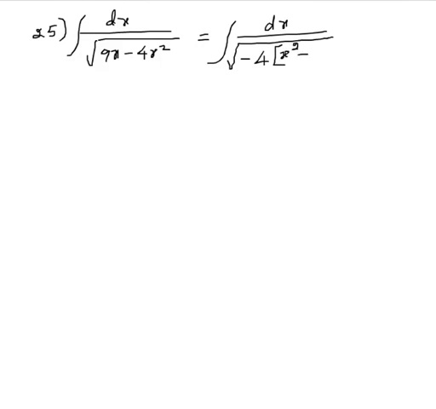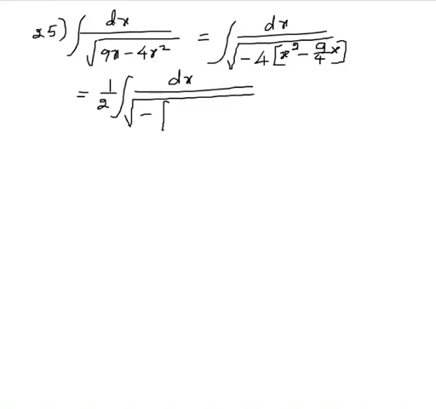Okay, x square, this becomes minus 9 by 4x. 4 has been taken out. Minus sign cannot be taken outside the square root sign. Keep that inside and let us complete the squares.